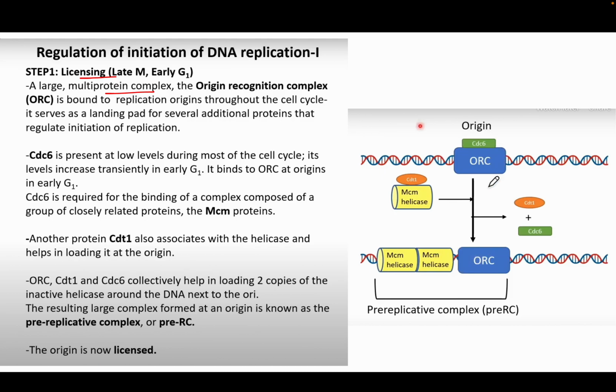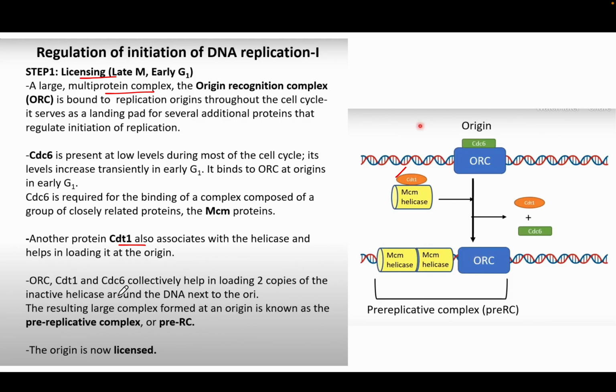CDC6 is required for the loading of a complex composed of a group of closely related proteins, the MCM proteins. Another protein, CDT1, also associates with the helicase and helps in loading it. CDT1 helps load the MCM helicase onto the ORC and CDC6, hence onto the DNA.